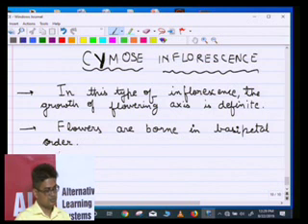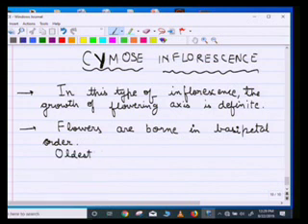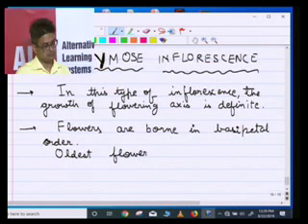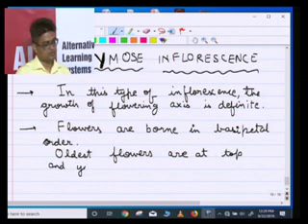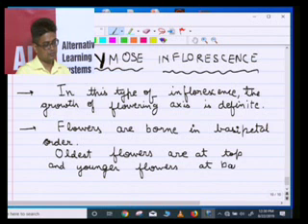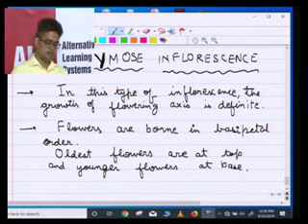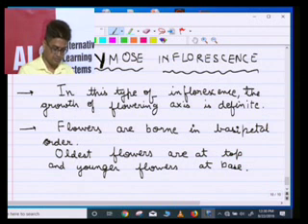Oldest flowers are at the top, and younger flowers at base. Okay, youngest flowers at the base. All right.